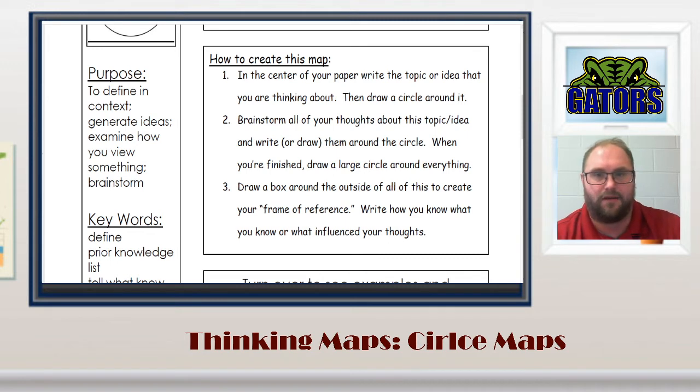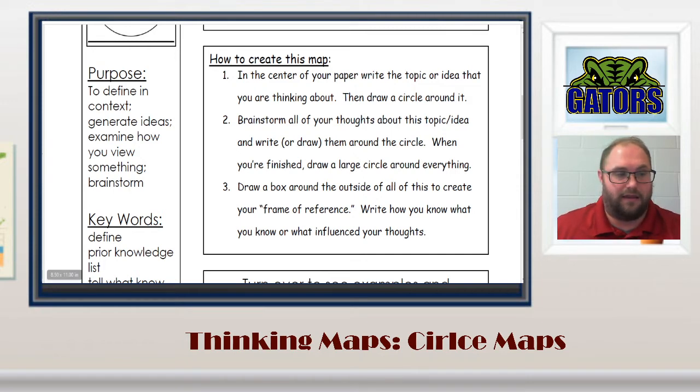When you're finished, you're going to draw a circle all around that main idea. And then you're going to draw a box around both of those circles for your frame of reference and write how you know what you know and what influenced your thoughts. Sometimes there will be questions on the outside of the box to help you with your frame of reference.